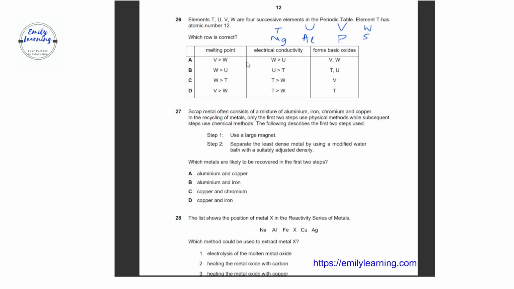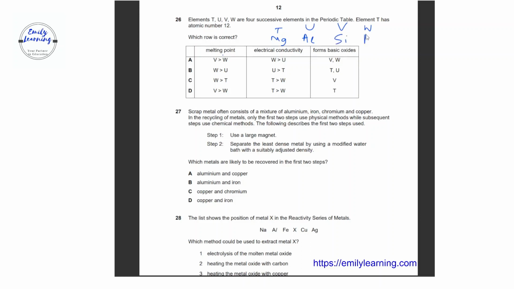Okay, so now let's take a look. Melting point of V is higher than that of W. This is incorrect. Sorry, V and W. Sorry, not P. This is Si and P. Nope. So let me check.